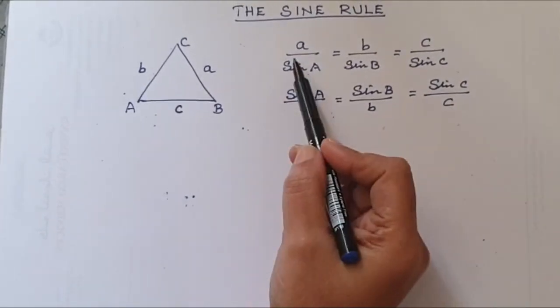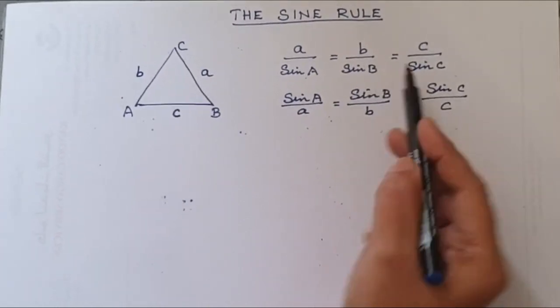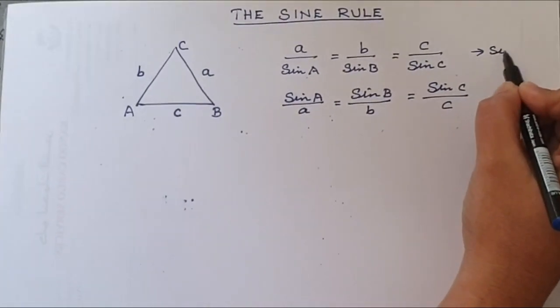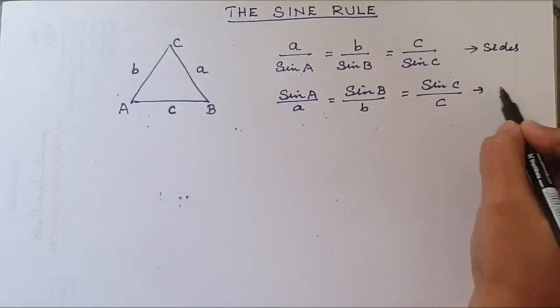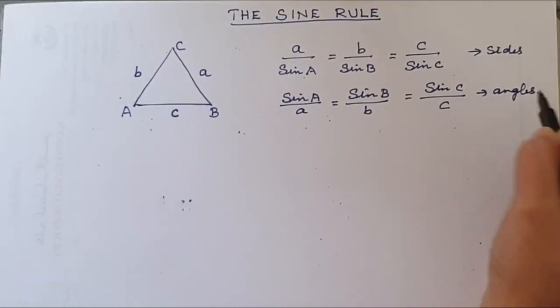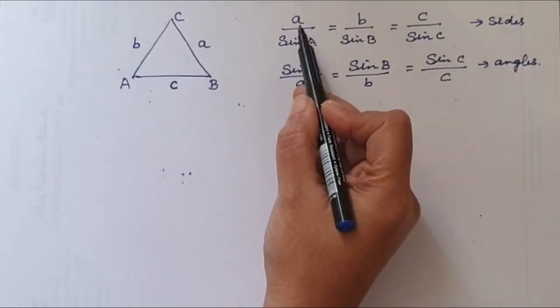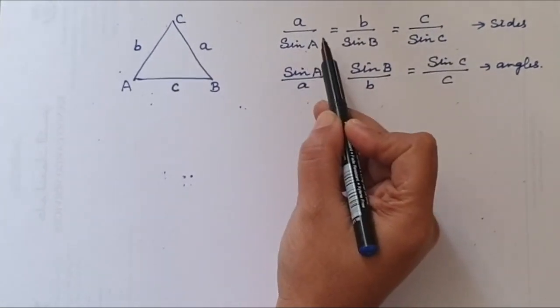The first one we generally use to find the sides, and this one is to find the angles. It depends on our convenience. If we want, we can use the first one too and then find out the angles.